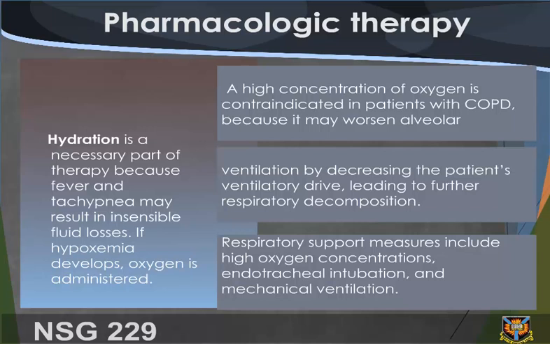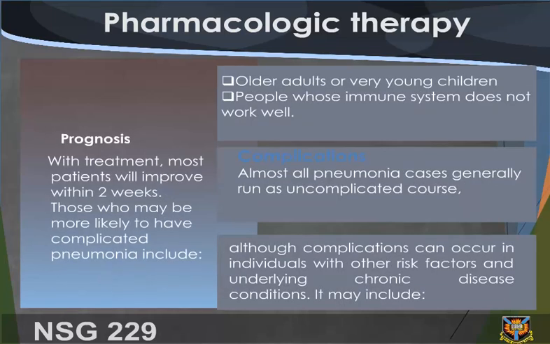A high concentration of oxygen is contraindicated in patients with COPD because it may worsen alveolar ventilation by decreasing the patient's ventilatory drive, leading to further respiratory decompensation. Respiratory support measures include high oxygen concentrations, endotracheal intubation, and mechanical ventilation.